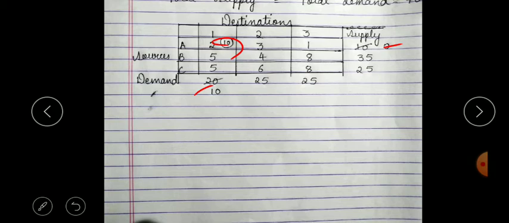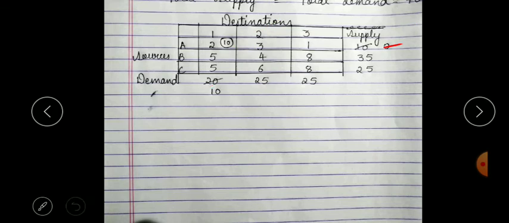On the other hand, the shopkeeper had 10 kg of rice. He has sold 1 kg of rice to you. So how many kg of rice has remained with him? 10 minus 1, that is 9. So the same thing we have done. Whatever allocation you do here should be subtracted from the supply side as well as the demand side, and the remainder is to be written. So that is what I have done here.